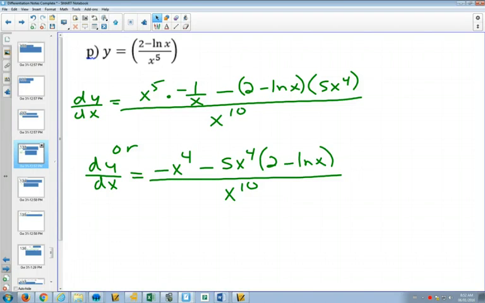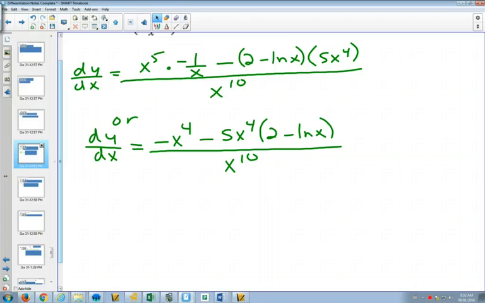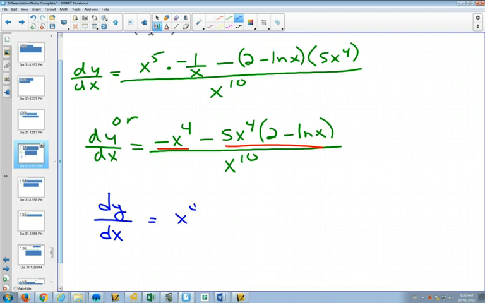And further simplifying it, can you see that in both terms, there's one term here and one term there, that they both have an x to the 4? So if I factored out that x to the 4, I'd be left with negative 1 minus 5 times 2 minus ln x.